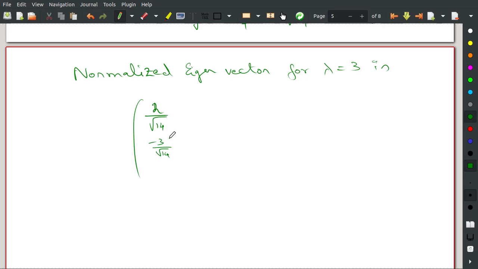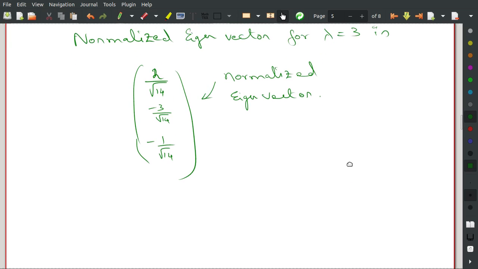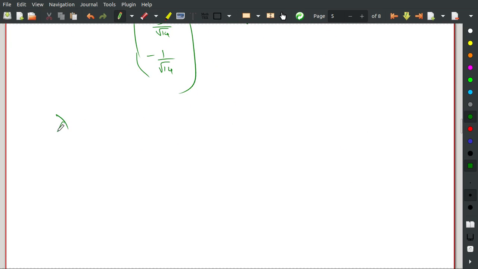We have a 2 here and a 2 here, so they get cancelled, and finally we have minus 1 by 2, which is 1 by root 14, right? So this is the normalized eigenvector.